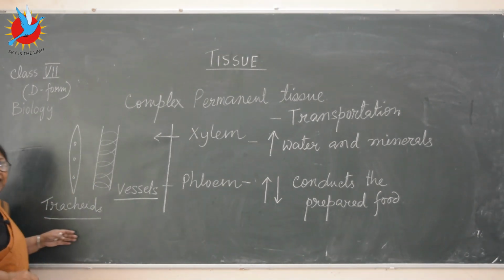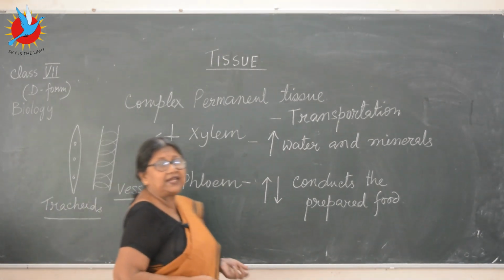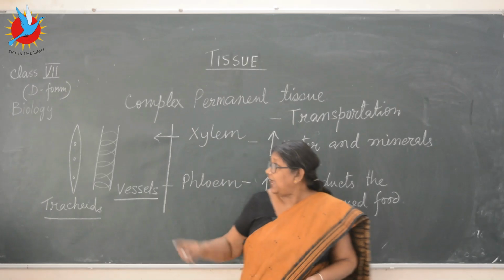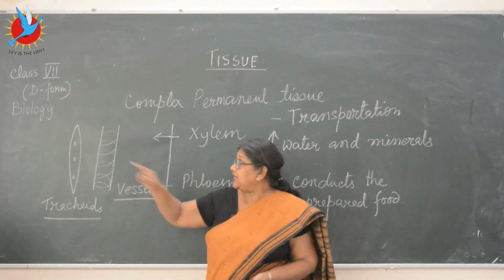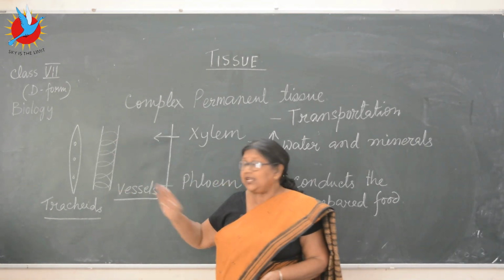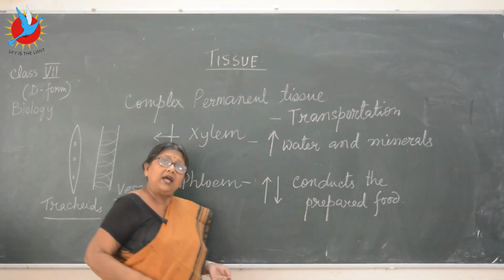The main two types of the cells that make the xylem, that is the tracheids and the vessels. There are perforations, small, tiny holes, and through these only the water will be transported upwards.